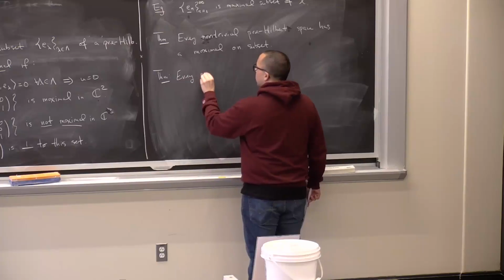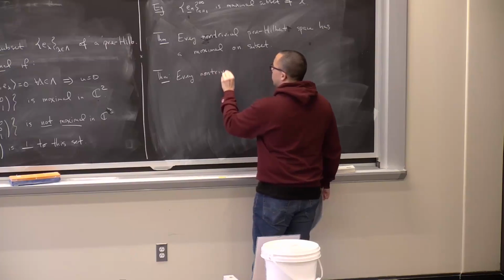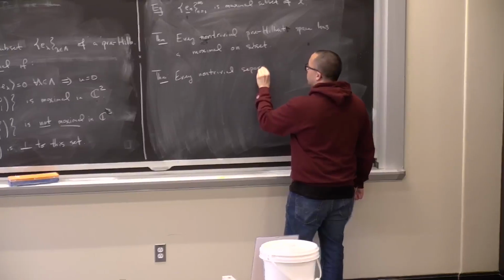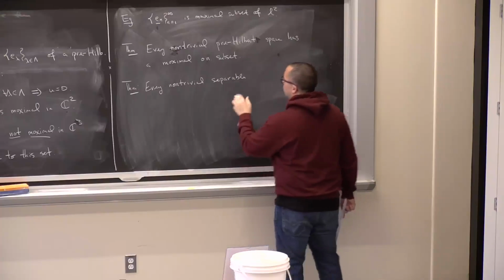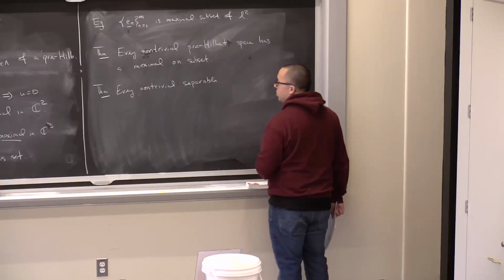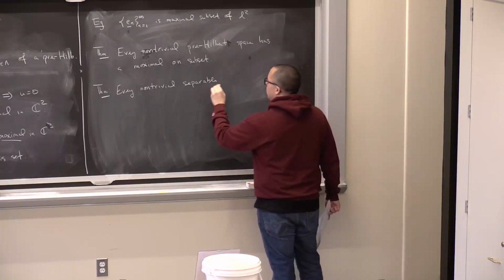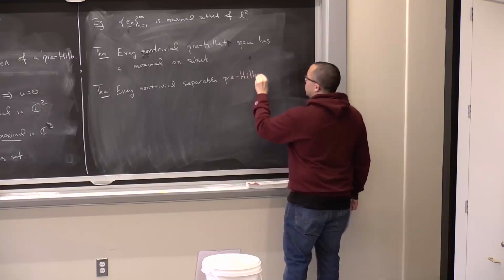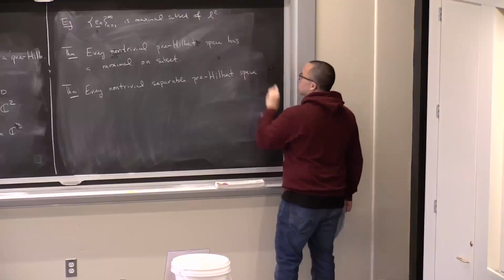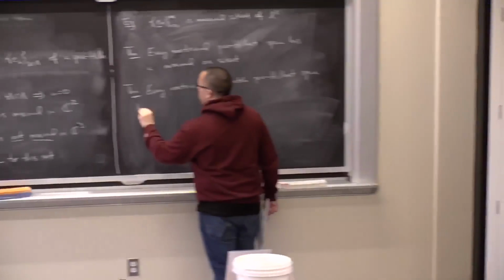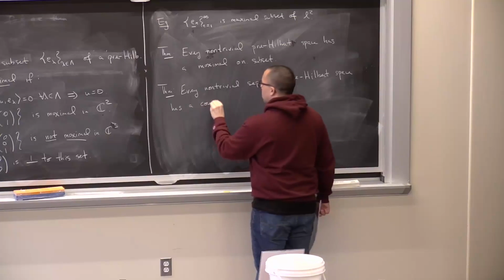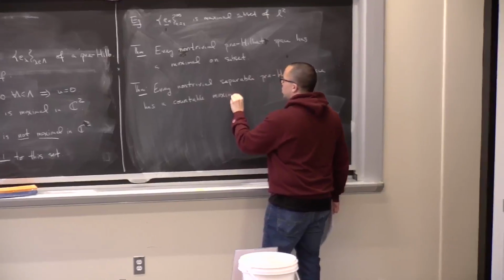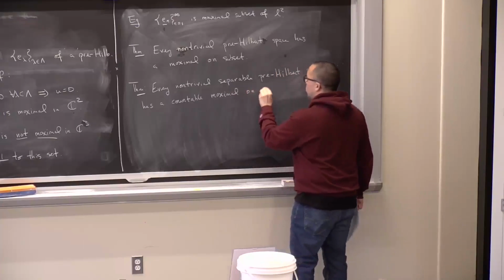Every non-trivial separable pre-Hilbert space, separable meaning the space has a countable dense subset, has a countable maximal orthonormal subset.